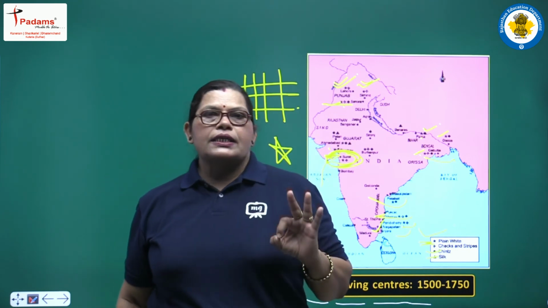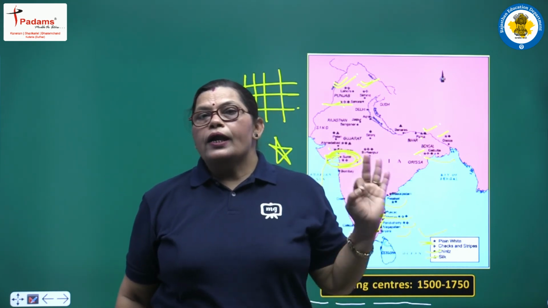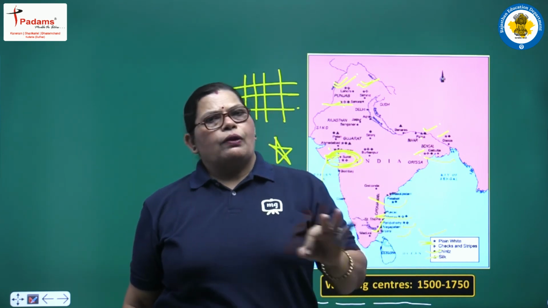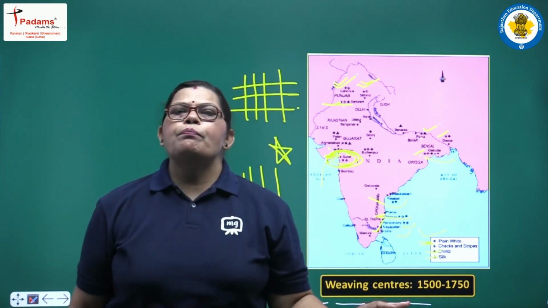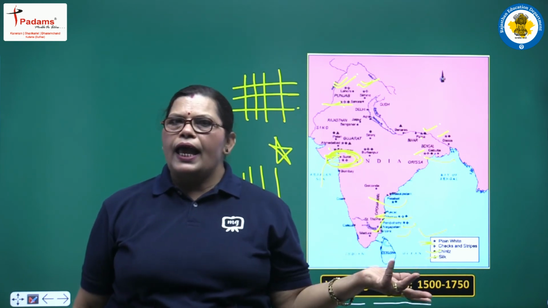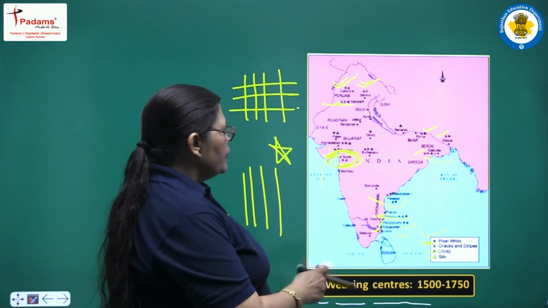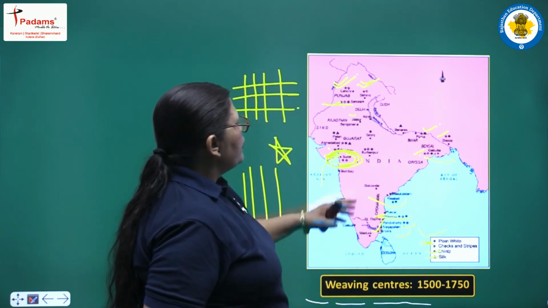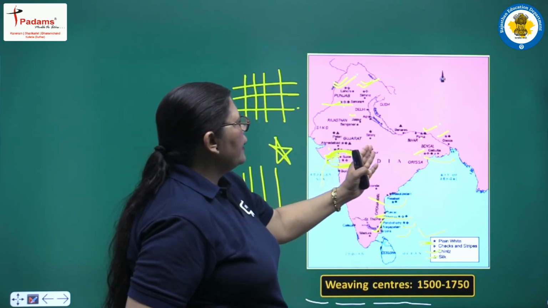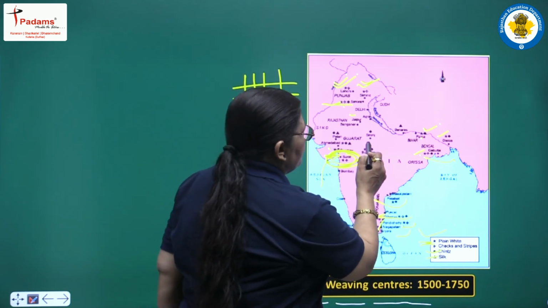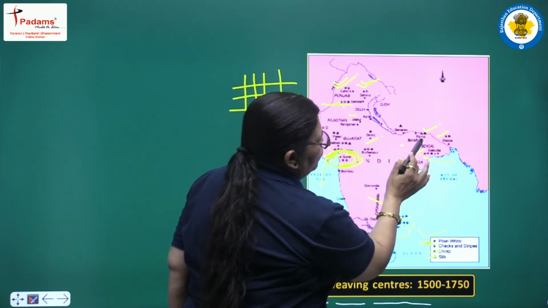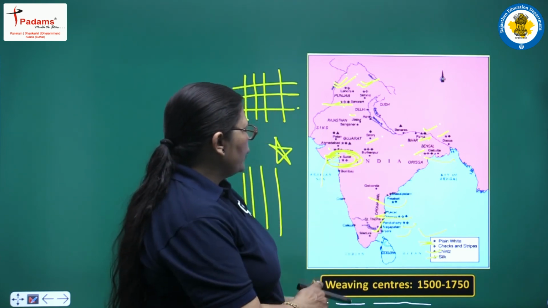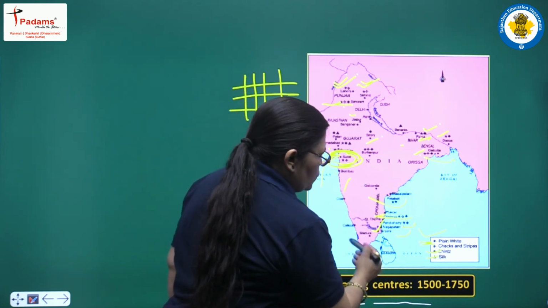When we are discussing chintz, the world famous chintz which was worn by the Queen of England, which was worn by the common people of India as well as abroad. So chintz especially in Jaipur, Agra, Sanganer, and Shironj, and in Patna also, in Dhaka also, and in Golconda and Goa and other parts also.